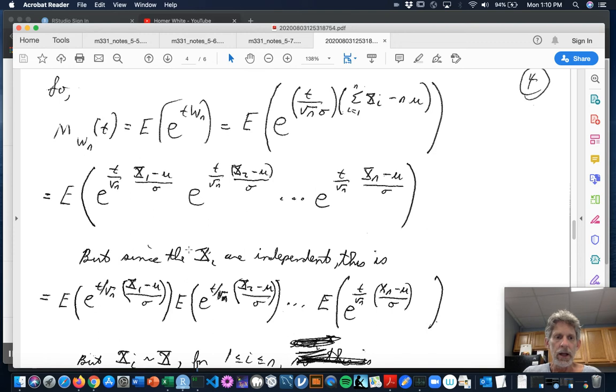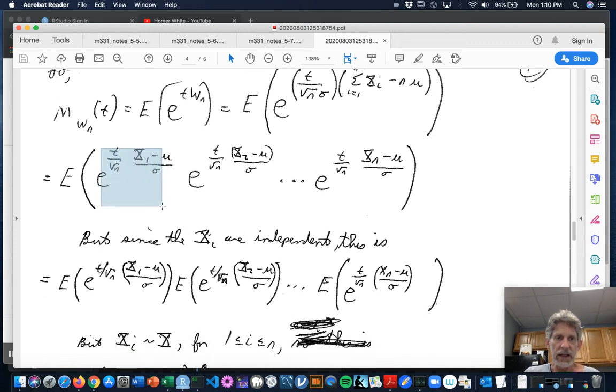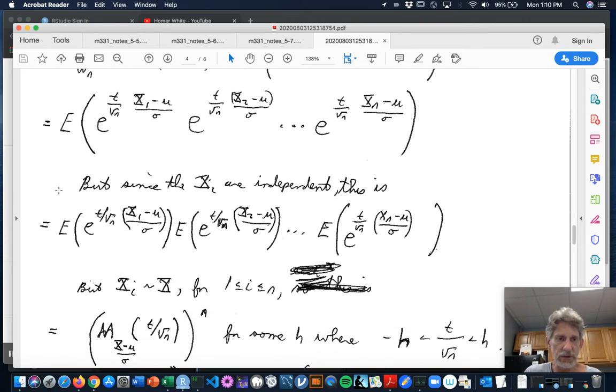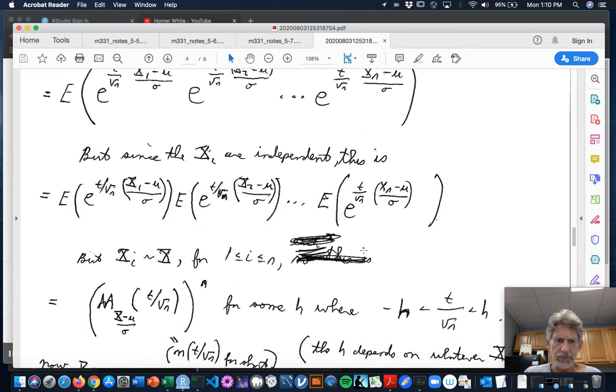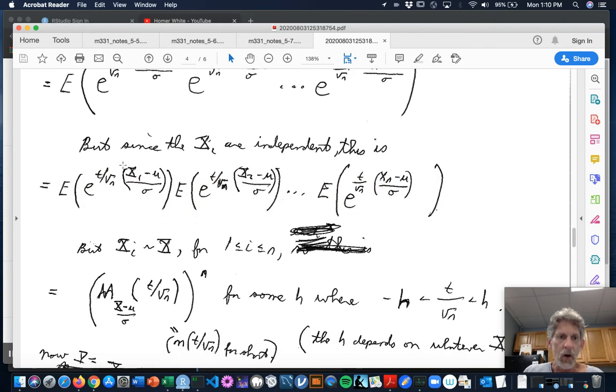And since these e to the powers are independent of each other and you're taking the expected value of them, remember the expected value of a product of independent variables is the product of the expected values. So that's what I'm doing when I move down here. Now, all the xi's also have the same distribution.